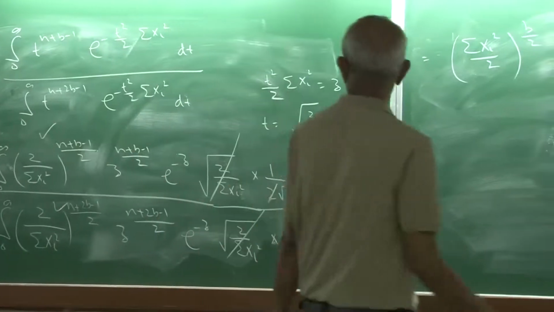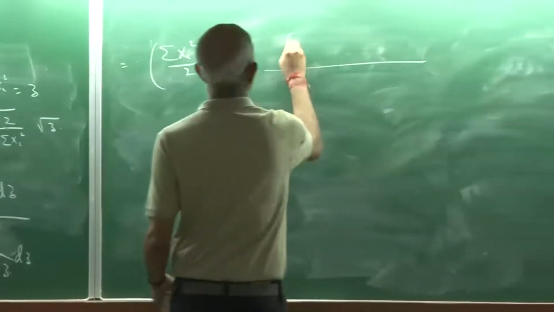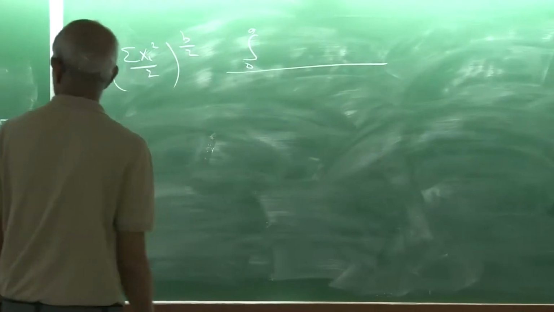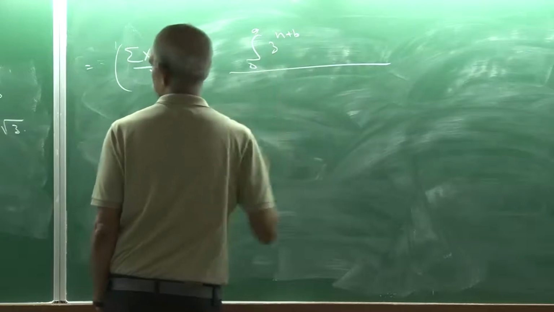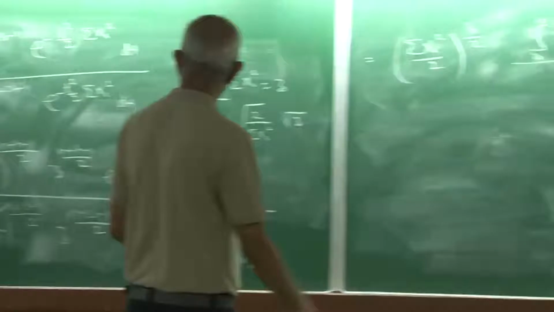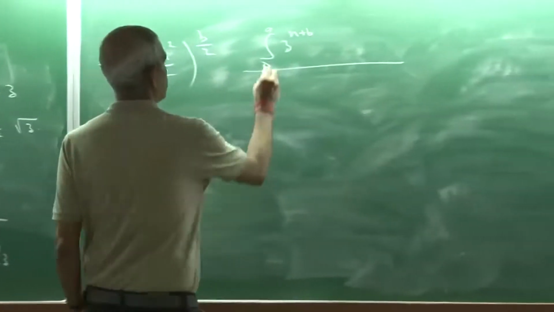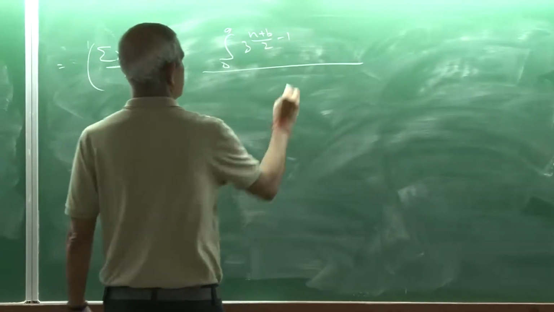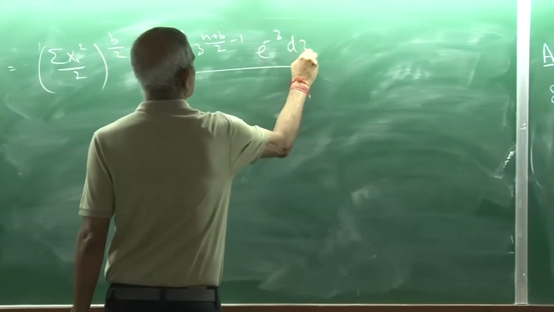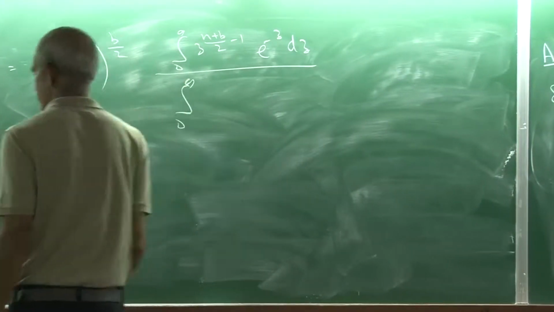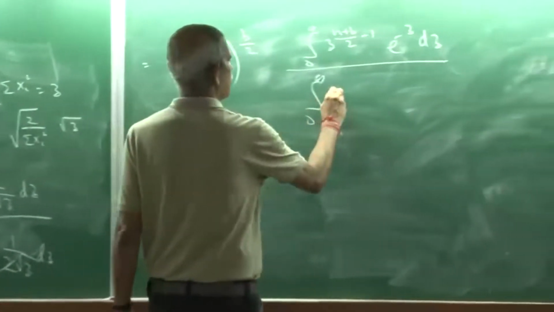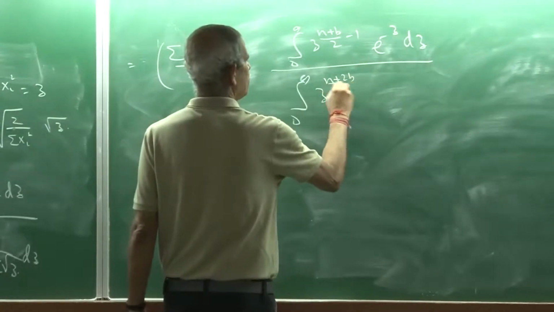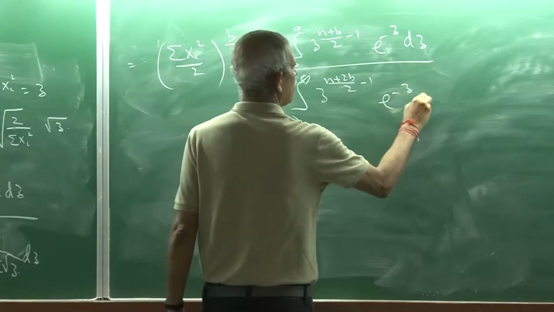And then the remaining thing left is the integral from 0 to infinity of z to the power n plus b by 2 minus 1 e to the power minus z dz, divided by the integral from 0 to infinity of z to the power n plus twice b by 2 minus 1 e to the power minus z dz.